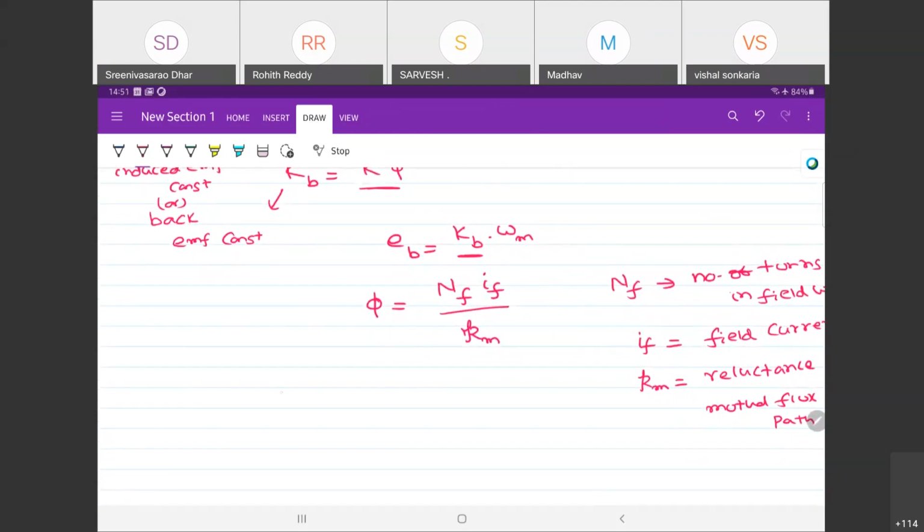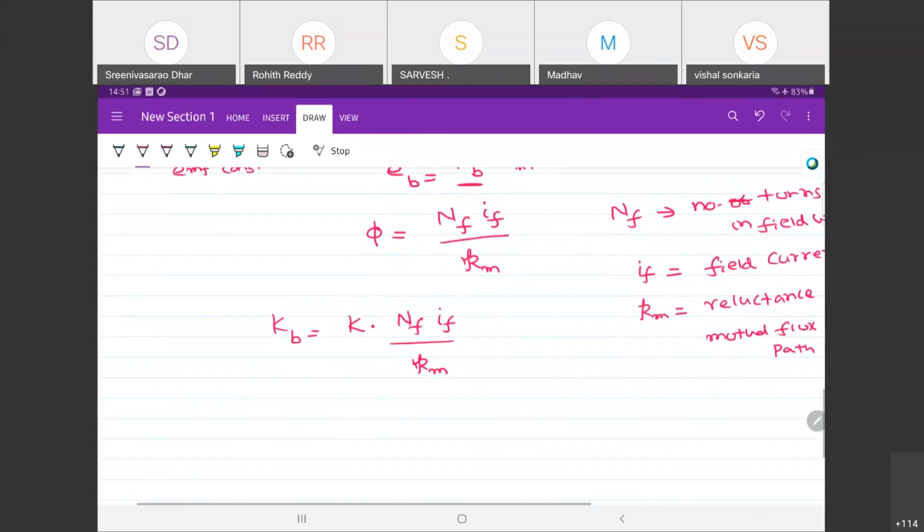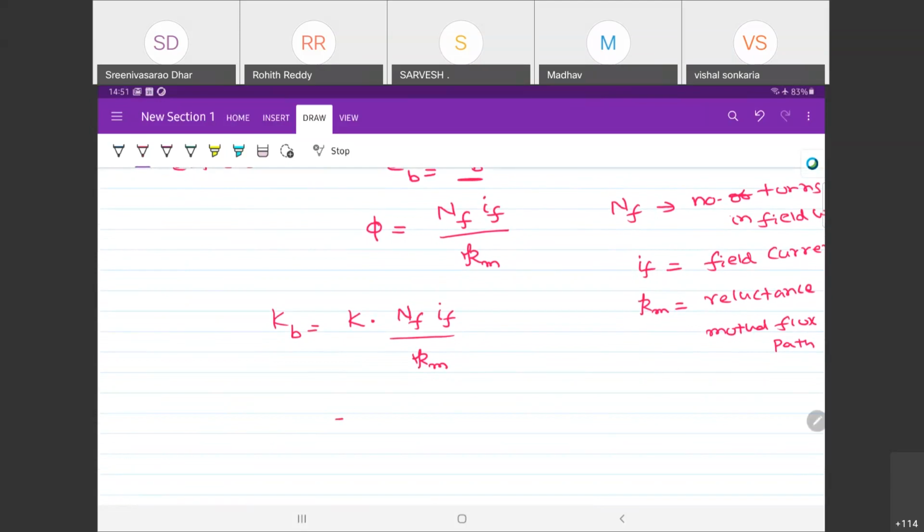So that means KB is K times NF into IF by the reluctance Rm. So what is K?